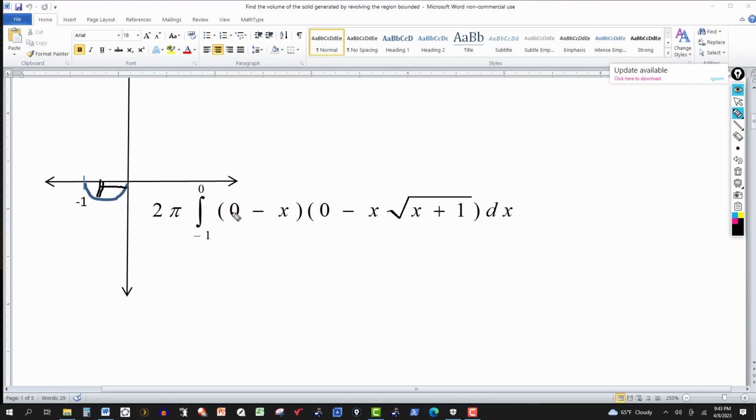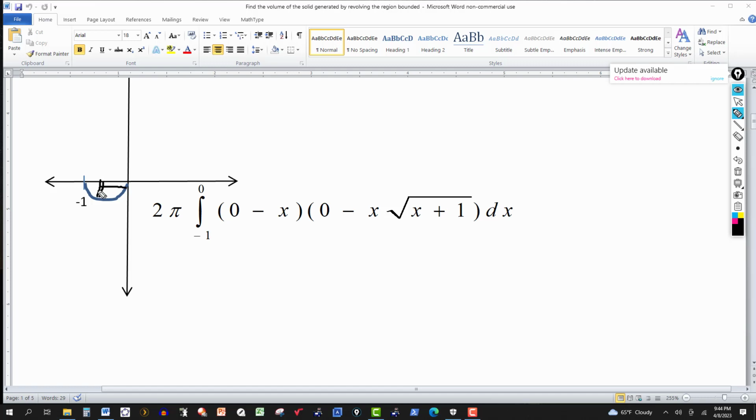So that's why I have it 0 minus x. So the distance to the center of that strip will be 0 minus x. And then the width of this strip here is going to be dx, going horizontally. So we're integrating with respect to x.